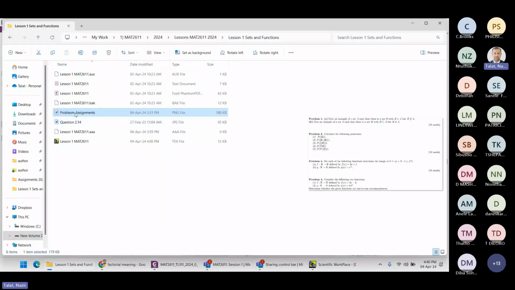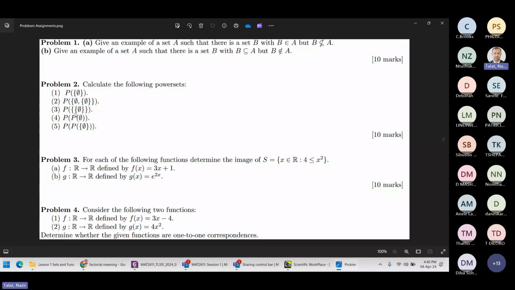And regarding the problems, some questions like: give an example of a set A for which there is a set B where B belongs to A, but B is not a subset of A. And also, you can make certain kinds of sets and give an example of a set A such that there is a set B with B contained in A, but B does not belong to A. So this is a simple example.